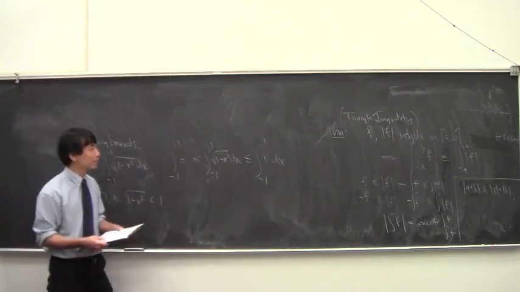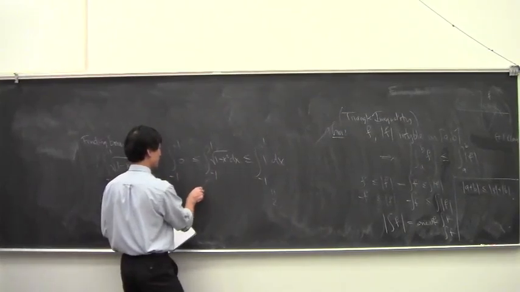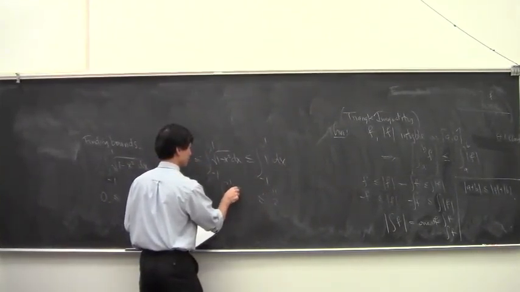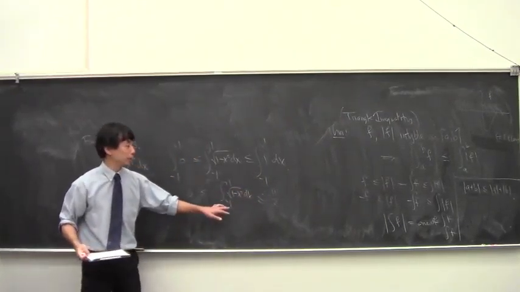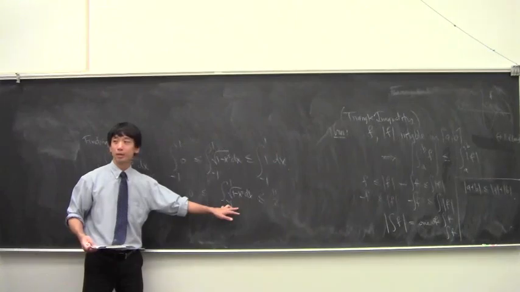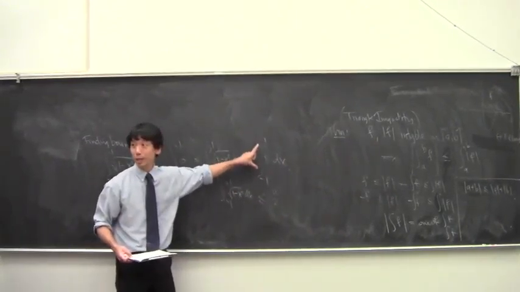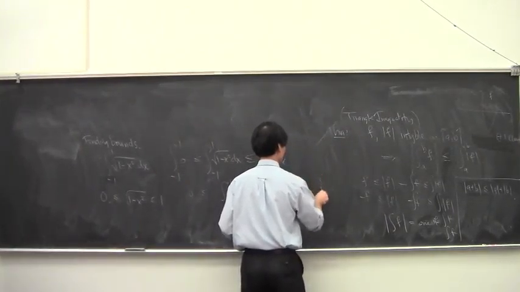So this would give you 2, and this would give you 0. Although that's not the best answer, that would give you some estimate of the integral that you don't know. Why 2? Because you're integrating 1 between -1 and 1, so the width of the base is 2.